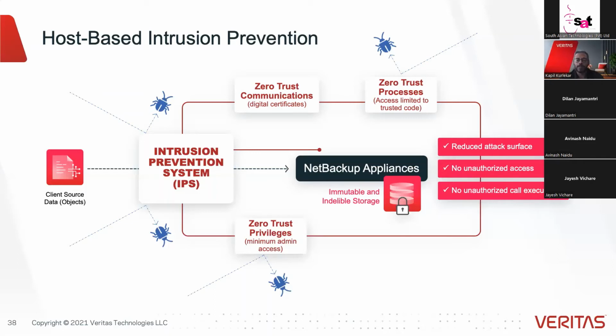Thirdly, the appliance platform only accesses trusted code, meaning that only code that has been signed off by Veritas, right? This means that the code has been signed by Veritas, and also the code has access to the backup data. In today's terms, this is called allow listing. Okay. In earlier times, it was called whitelisting, but we are calling it allow listing.